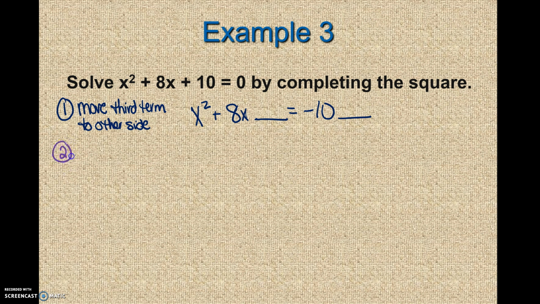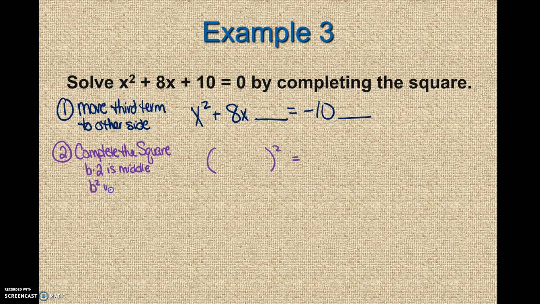Step 2 is figure out what completes the square. And I'll give you some guidelines for that as well. Think of the number in the parentheses as b. So b times 2 is your middle term.